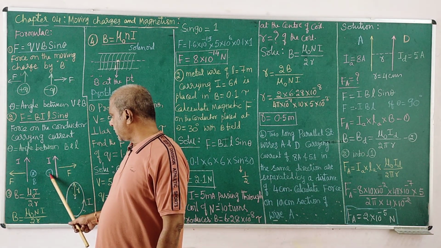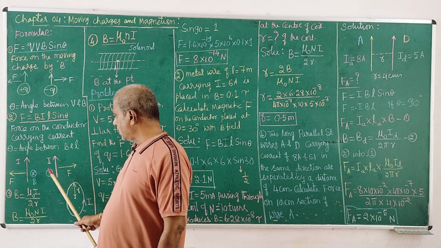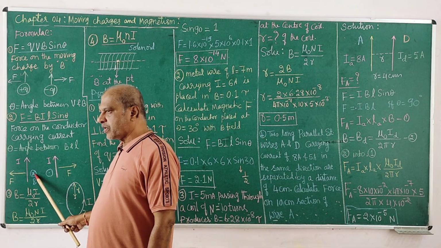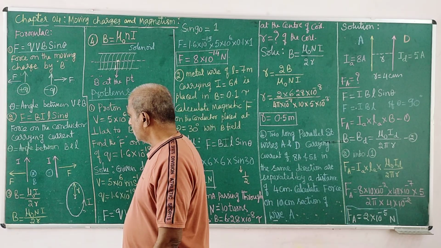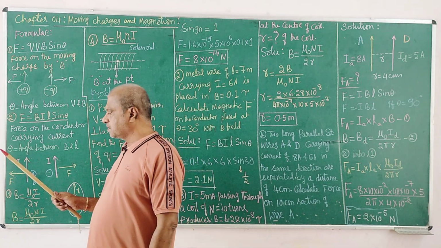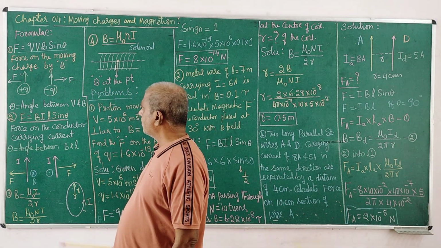This symbol indicates the magnetic field is perpendicular to the plane, outward. This one is perpendicular to the plane, inward. That is the difference. The force which pulls the conductor has directions like this.